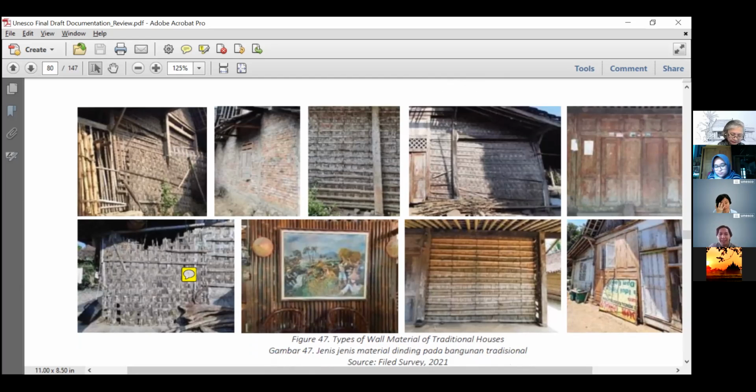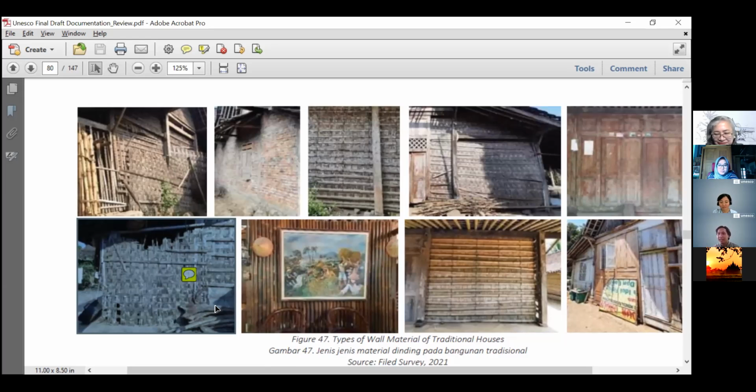It is important to use appealing pictures, because this one shows dilapidated bamboo. We are afraid the government officials will attribute this material to poverty.